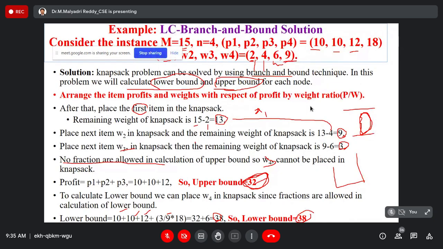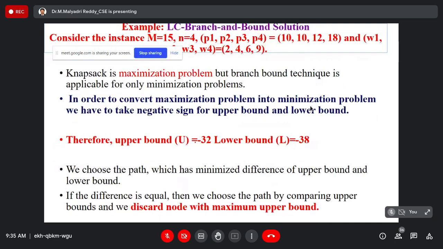According to the rule of the knapsack with respect to branch and bound, knapsack is actually a maximization problem. But here branch and bound supports minimization only. So that is why I simply have to change the signs of the boundaries. So the upper bound becomes minus 32, the lower bound becomes minus 38.